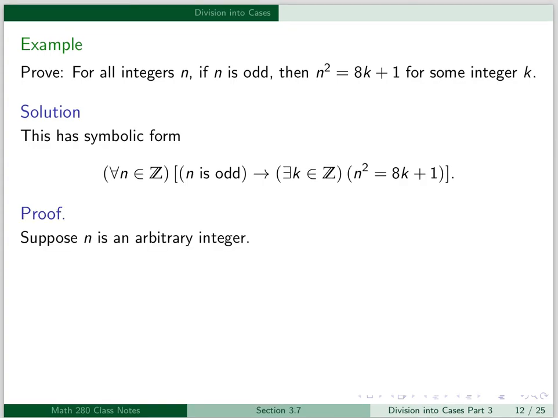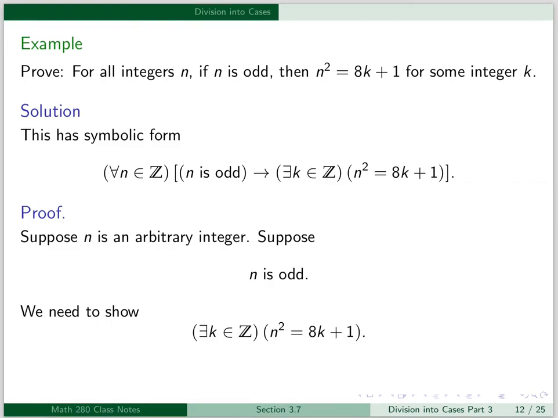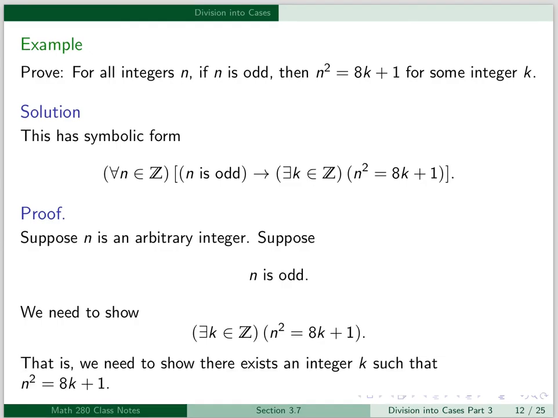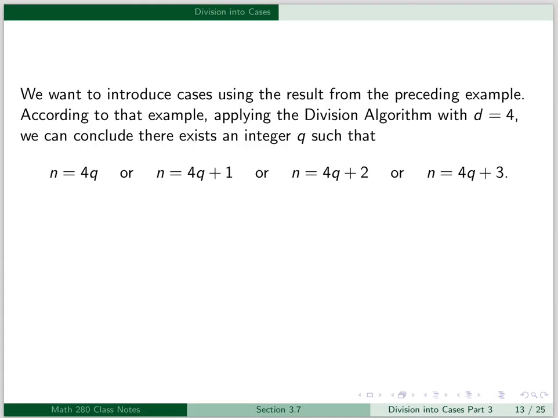We'll start our proof by supposing n is an arbitrary integer. Suppose the hypothesis that n is odd. We then need to show the conclusion: there exists an integer k such that n squared is equal to 8k plus 1. We want to introduce cases using the result from the preceding example.